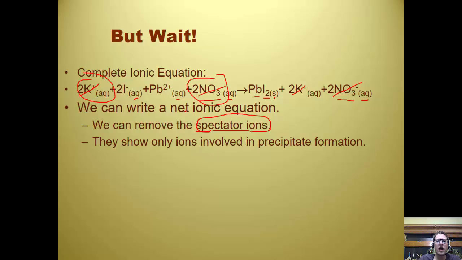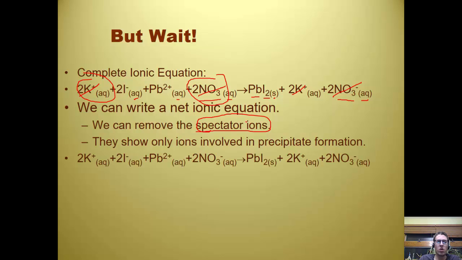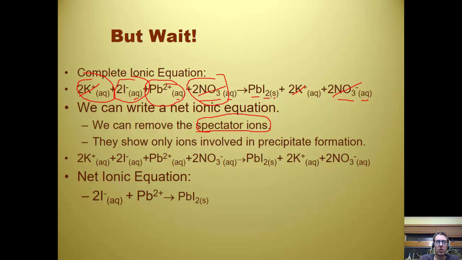And then our net ionic equation is just taking what's left over, the things that actually participated in the equation, they actually participated in making the precipitate, and that is our equation. So we have what we started with, and our net equation, because we crossed all those things out, is 2 iodides, Pb2+ aqueous, and that makes PbI2.